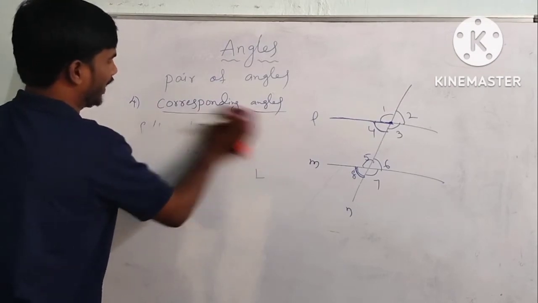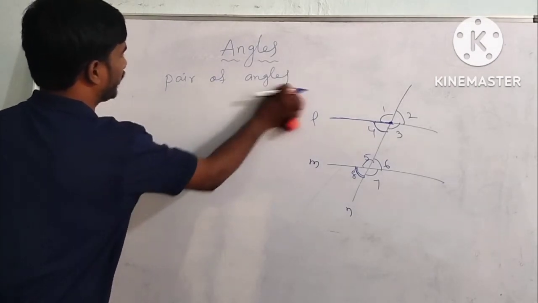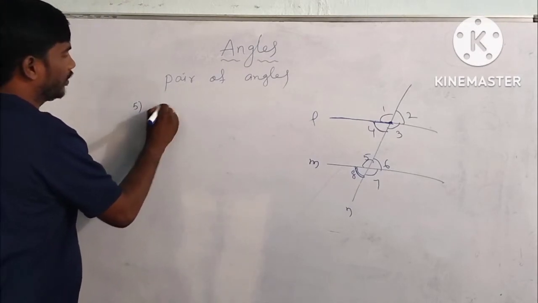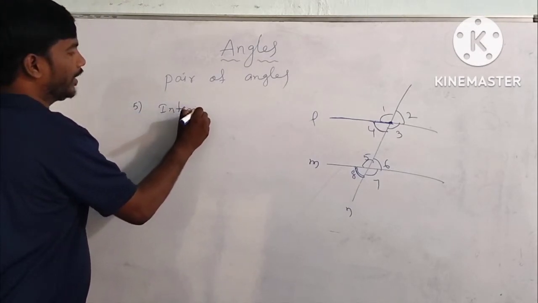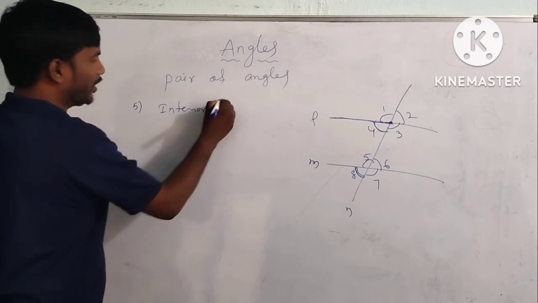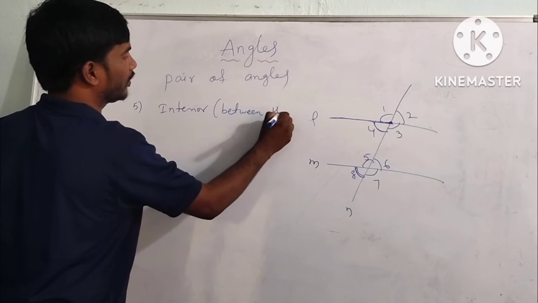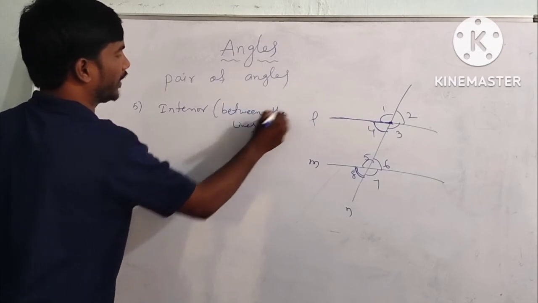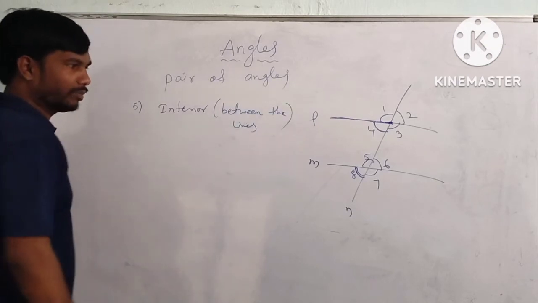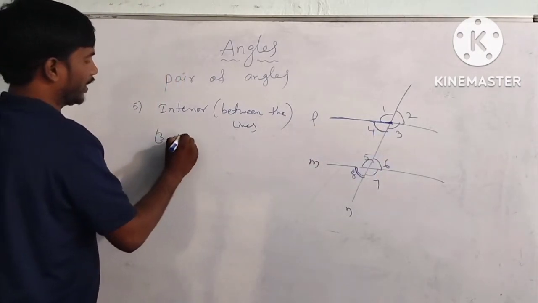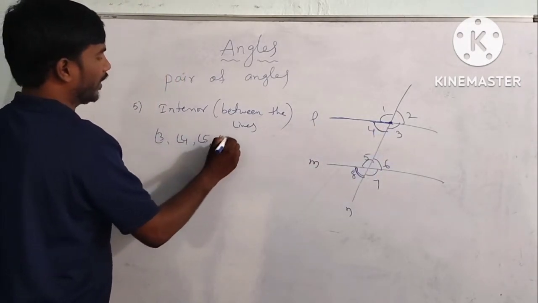Interior angles, exterior angles. Different types of angles are there. Interior is the simple one. Interior means what? Between the lines. What are those angles between the lines? Angle 3, angle 4, angle 5, angle 6.